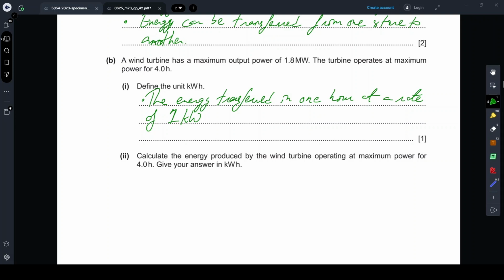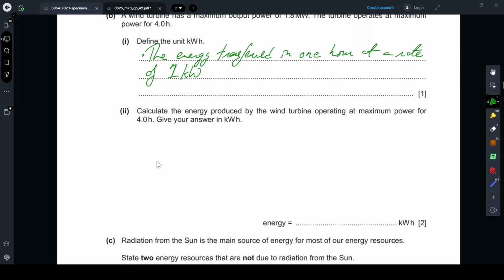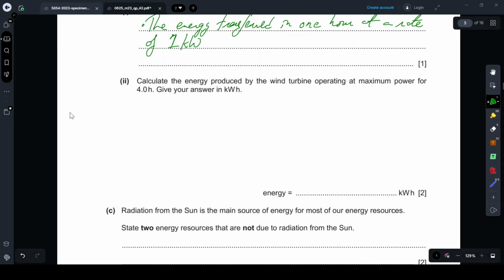All right, calculate the energy produced by the wind turbine operating at maximum power for 4 hours. So power multiplied by time.